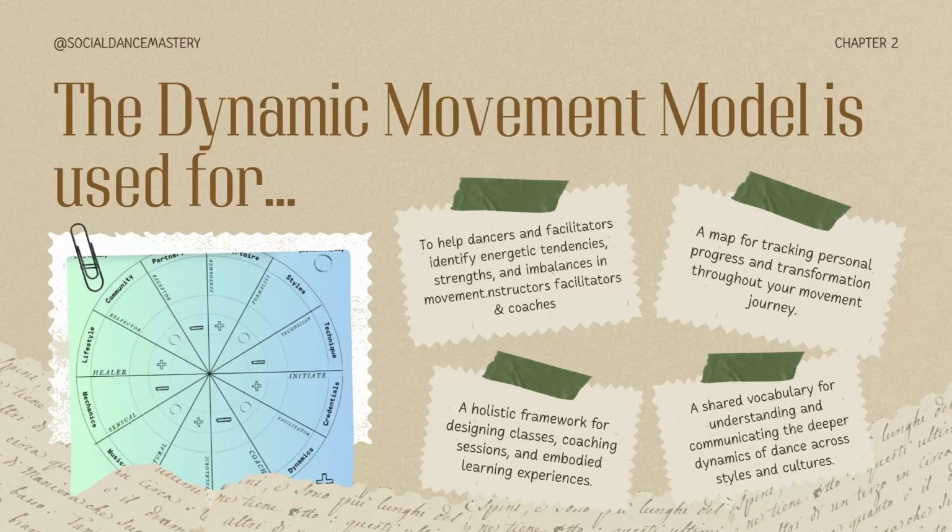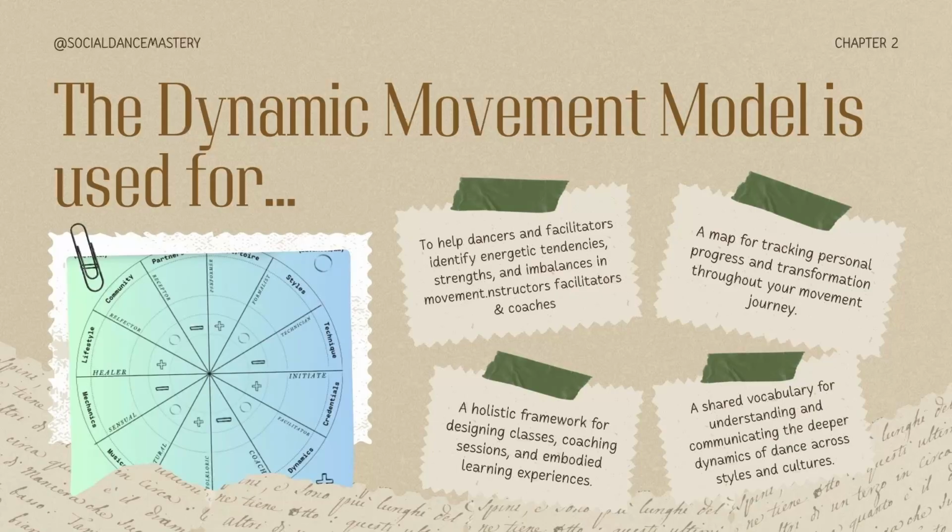The dynamic movement model can be used in four main ways. First, as a movement assessment tool, which helps to identify energetic tendencies and imbalances in how we move and connect. Second, as a growth trajectory map to track personal and artistic evolution over time.